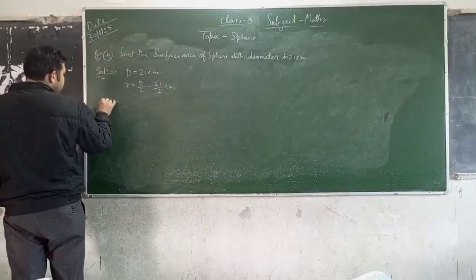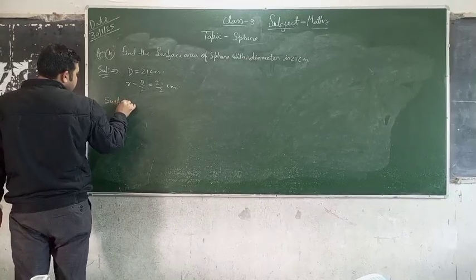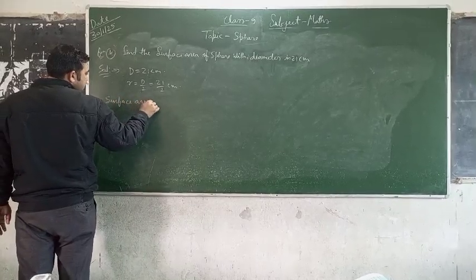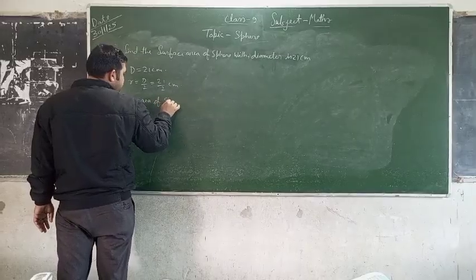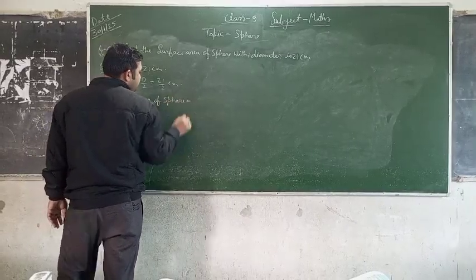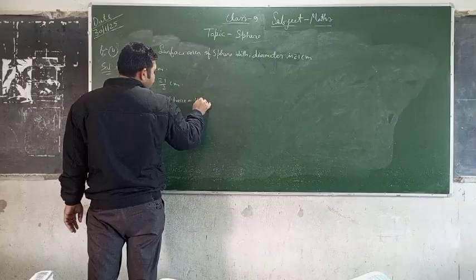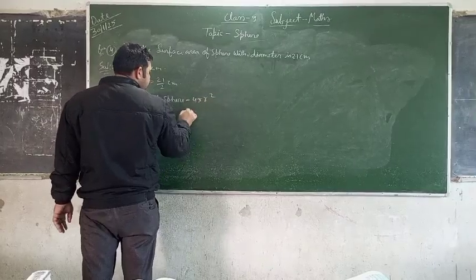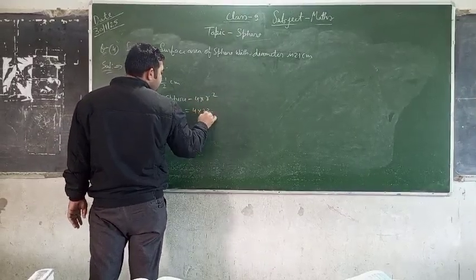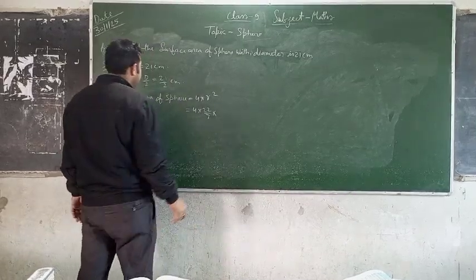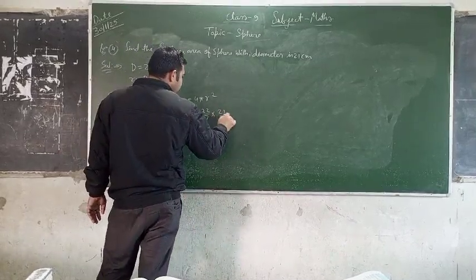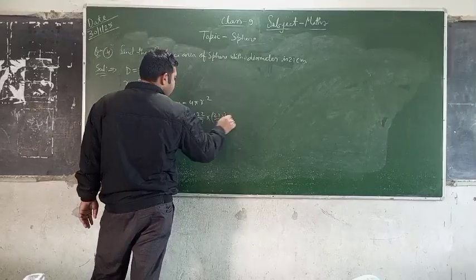Now surface area of a sphere is 4 pi r square, and this is 4 into 22 by 7, the value of pi is 22 by 7, and r is 21 by 2 the whole square.